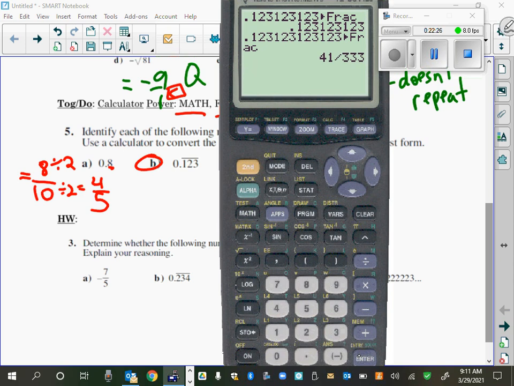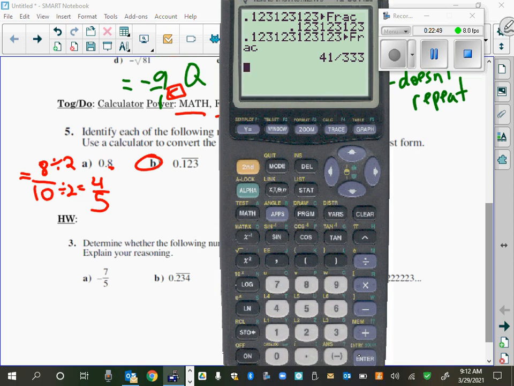Not the most impressive thing on the calculator, but when you press the first 9, that's still just a decimal, it ends. But once you get close to the end of your screen, your calculator says, hey, I got your message. It repeats forever.